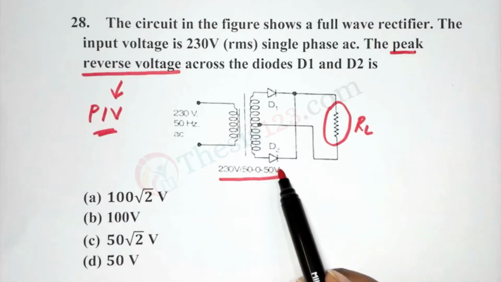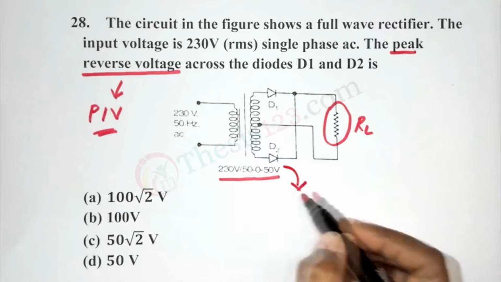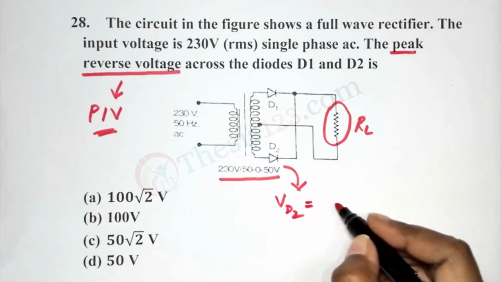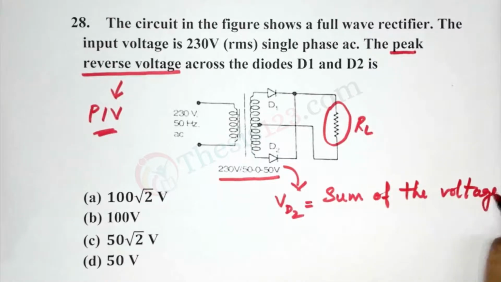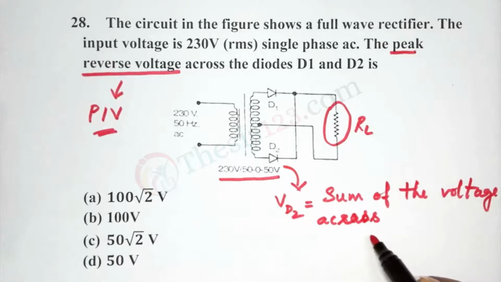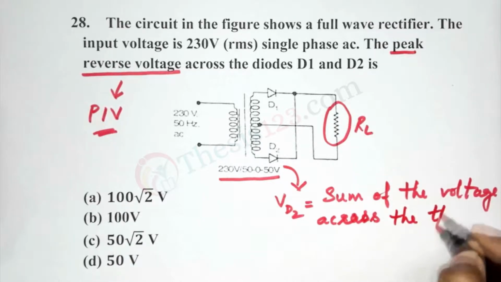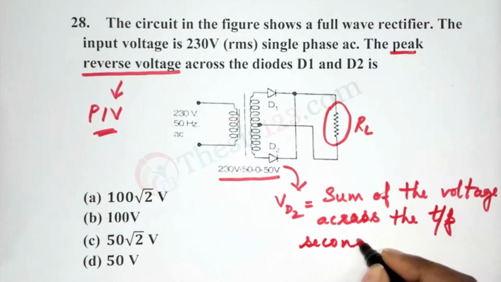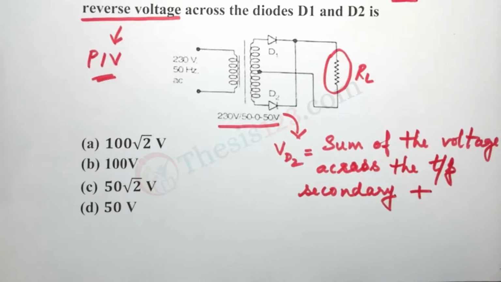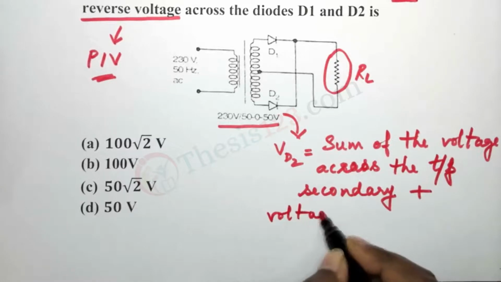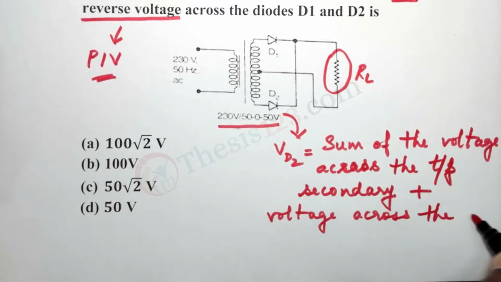So in reverse bias, what happens is the voltage at D2 is the sum of the voltage across the transformer secondary and the voltage across the load resistance RL.